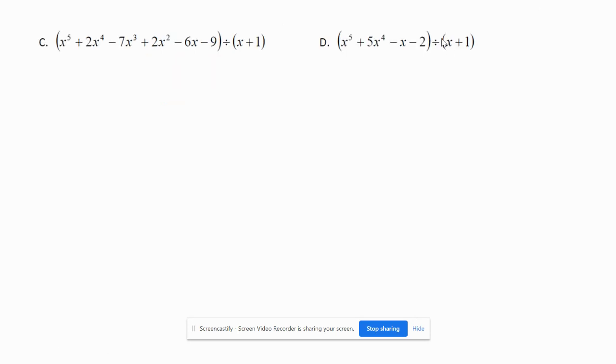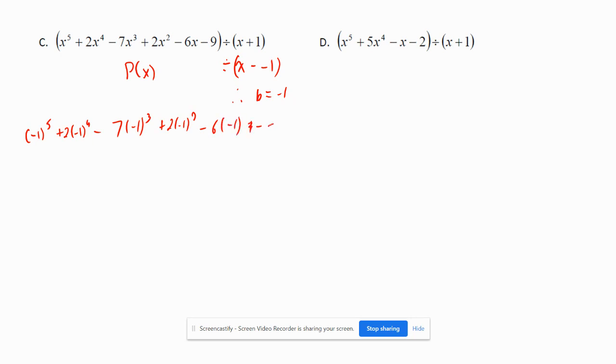Doing it for this one, we're dividing p of x by x minus negative 1. Therefore, b equals negative 1. So we're going to put in a negative 1 for our x's in this question. This is negative 1 to the 5th plus 2 times negative 1 to the 4th minus 7 times negative 1 cubed plus 2 times negative 1 squared minus 6 times negative 1 minus 9.